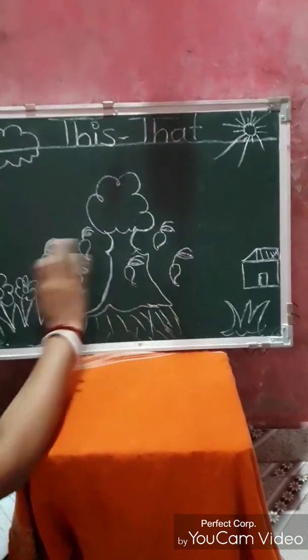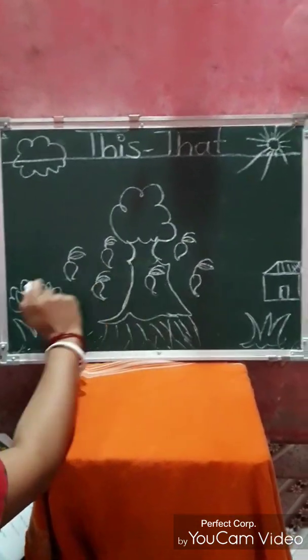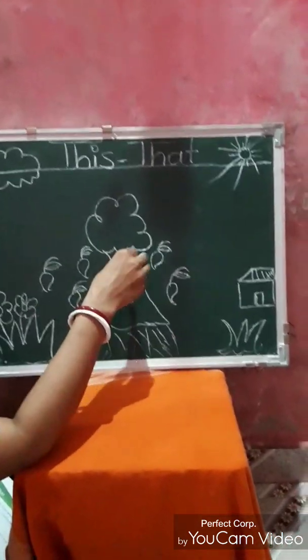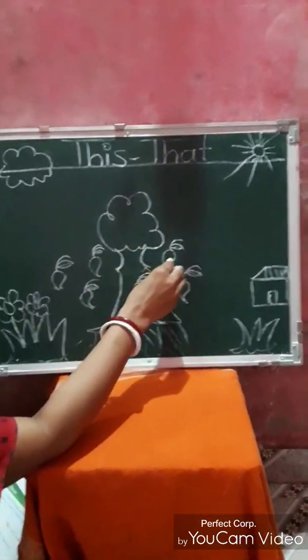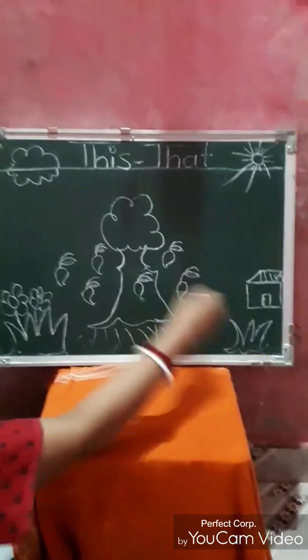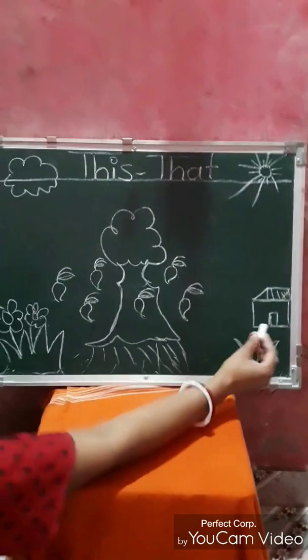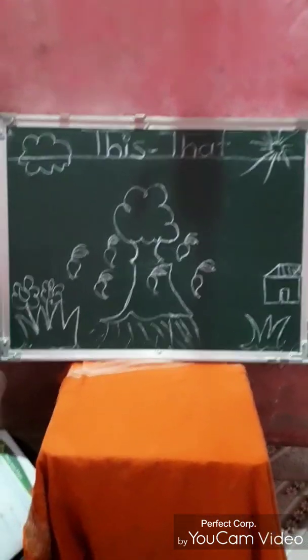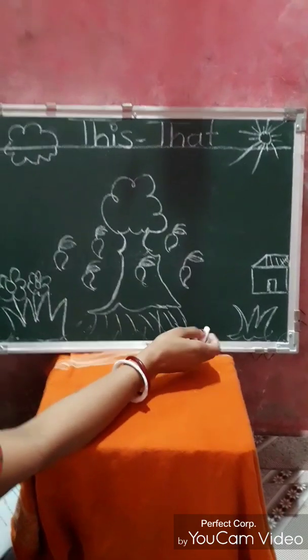Okay, first of all, look at my picture. In my picture I drew a mango tree, and near the tree some mangoes have fallen, and I also drew grass, a house, sun, cloud, and some flowers. Look at the picture carefully.